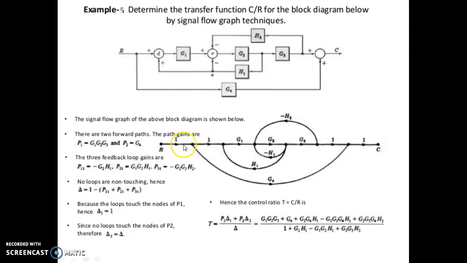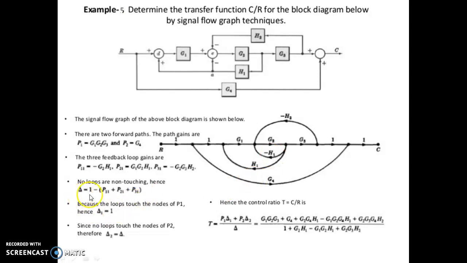So here one forward path, two forward paths, right? Two forward paths, then loops, we're having 3 loops. Then non-touching loops 2 at a time not possible, non-touching loops 3 at a time not possible, so no loops are non-touching.